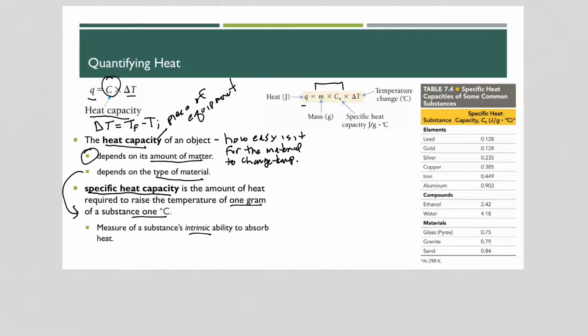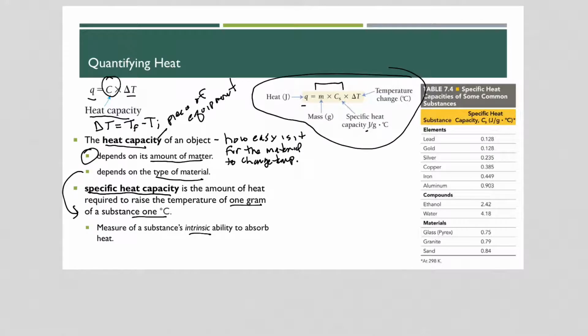So again, how much energy it takes to change 1 gram by 1 degree. So the energy per gram per degree Celsius. Okay. So we have to be careful with the units here because we need these units to be correct in order to cancel everything out. And of course, the last part is the same change in temperature, right, that we talked about. So this is going to be the equation that we use in most problems.